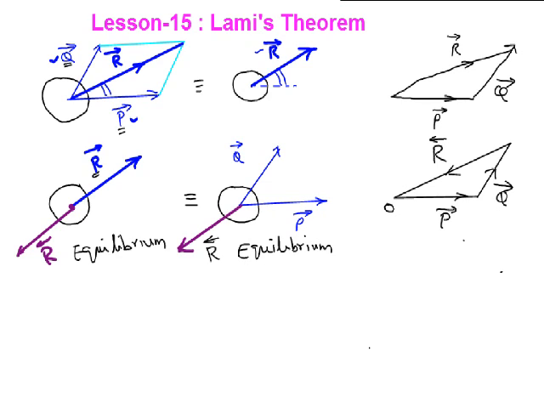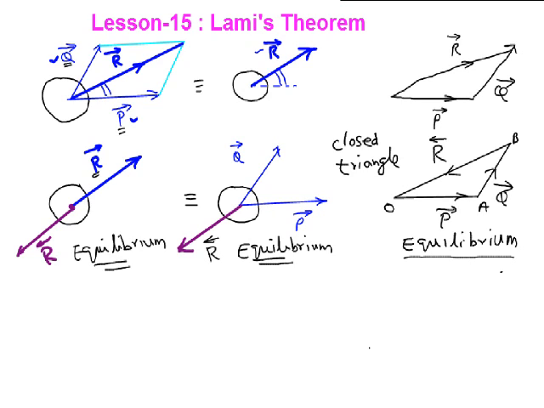That is, you can see one force is going from O to A to B, and then back from B to O. It is forming a closed triangle. Because this is in equilibrium, we'll say that these forces forming a closed triangle are in equilibrium. The point we take home is that if you have three forces, P bar, Q bar and R reverse as shown over here, they are in equilibrium.